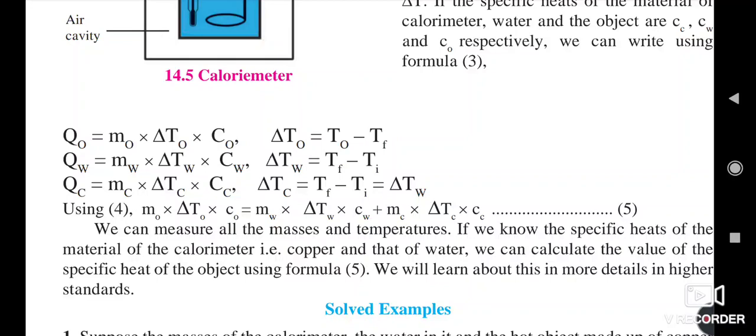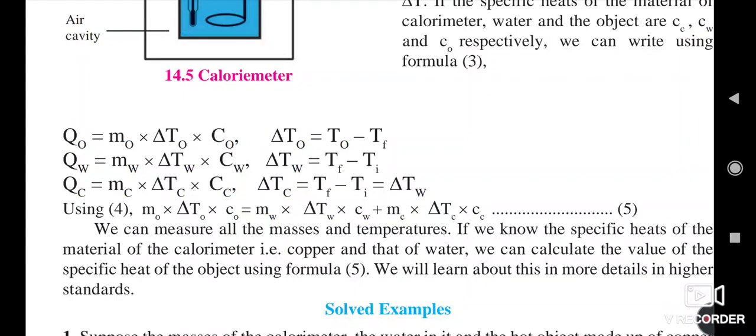Okay, so here we have a formula. In all three formulas we have delta T of the object, delta T of the water, and the change in the temperature of the calorimeter.